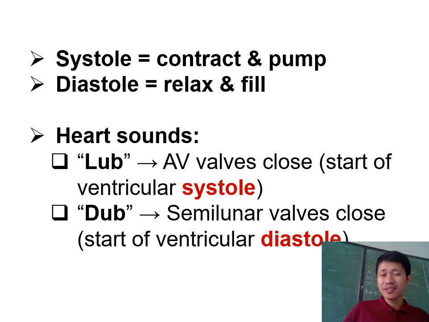You can create a mnemonic for that so you could easily remember it. The systole contracts and pumps the blood out of the heart, while diastole, on the other hand, is the relaxation part of the heart, wherein the blood is filling up from the atria to the ventricles.